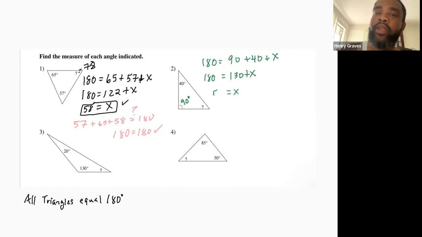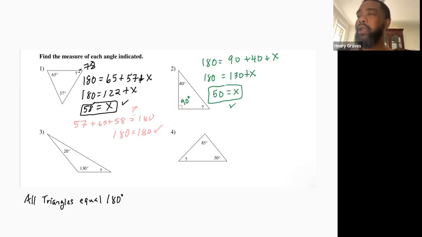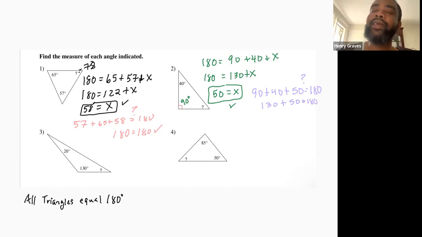Again, I can check my work in a different color. So I'm going to do 90 plus 40 plus 50 equals 180. 90 plus 40 is 130. Plus 50 is going to give me 180. So 180 is equal to 180. So this checks out to be just fine.